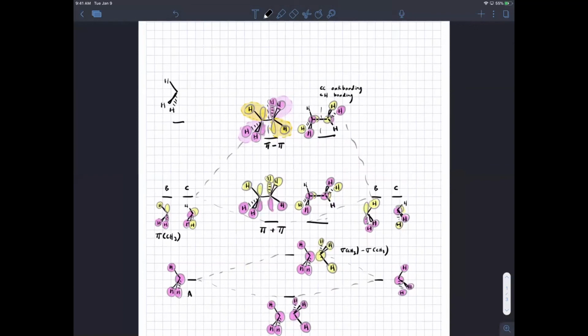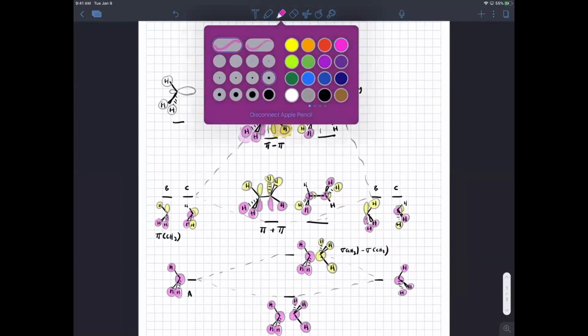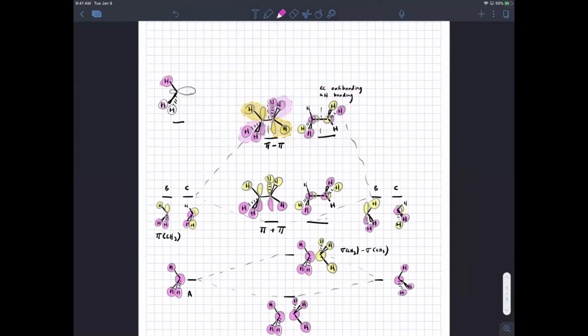Remember that the sigma out orbitals involve an sp3-ish kind of hybrid on the carbon and then 1s on the hydrogens, in phase behind, and then a lobe sticking out. This is the sigma out. And we've got the other one, same energy, over here.